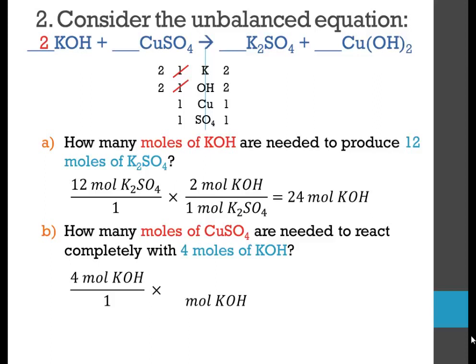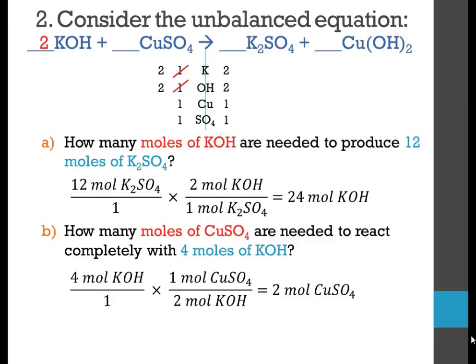Then the top of my mole ratio is going to be moles of my wanted quantity, which is CuSO4. So at this point, if we plugged in everything and we solved, my answer would be in moles of CuSO4. So we're done. We just got to fill in our mole ratio. So from our balanced equation, there is 2 moles of KOH for every 1 mole of CuSO4. So whenever I solve this, I get 2 moles of CuSO4 are needed to completely react with 4 moles of KOH.